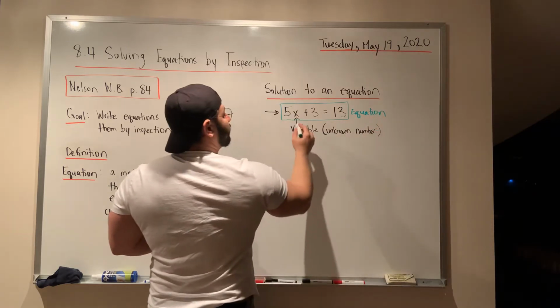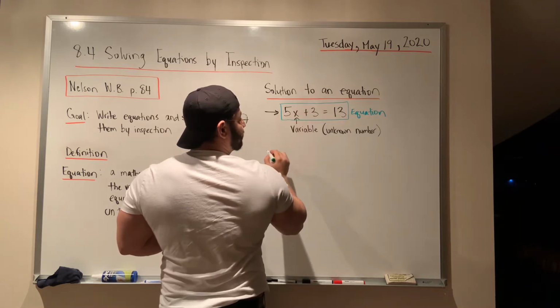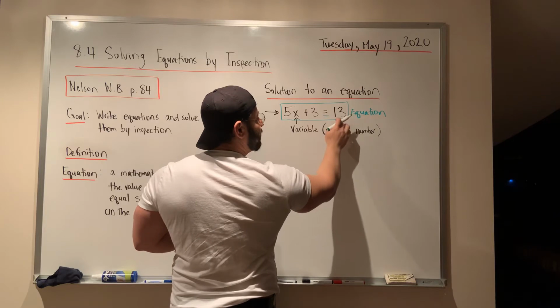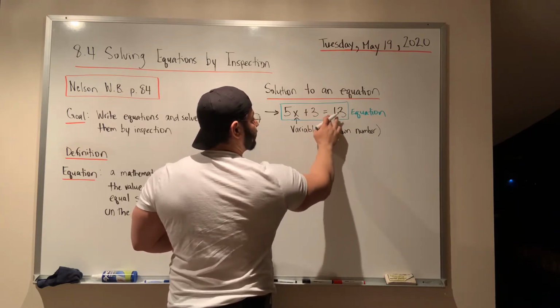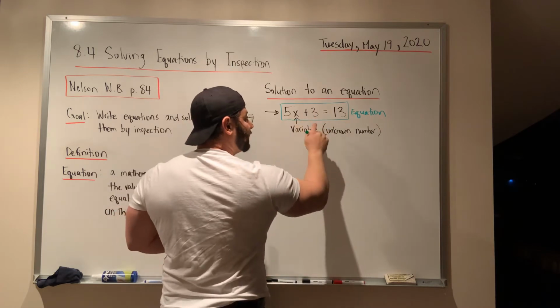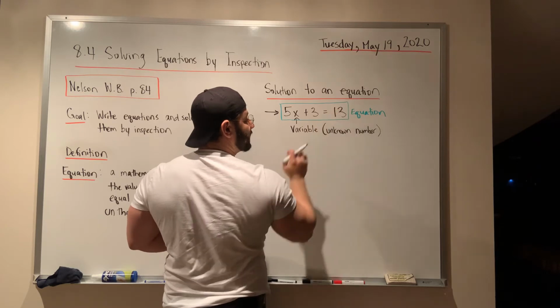Okay, so the left side of the equation, which is represented here, 5x plus 3, has to equal the same number on the right side of the equation, which is 13 here. Again, 5x plus 3 is equal or equivalent to 13.